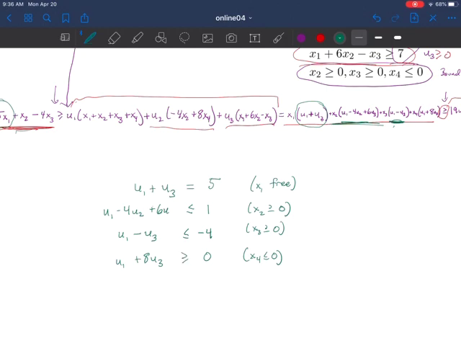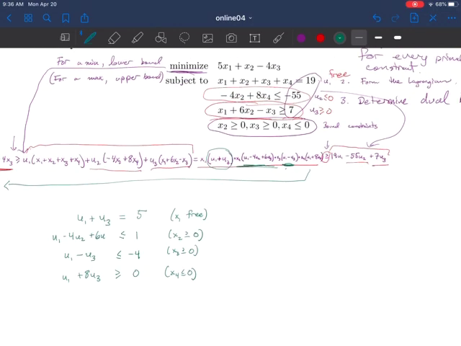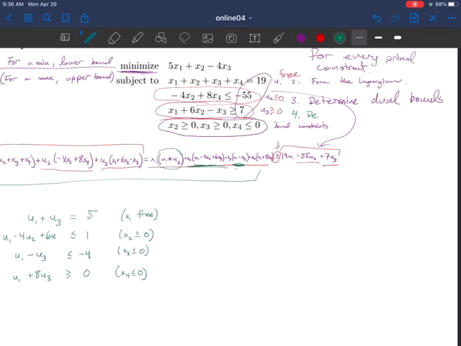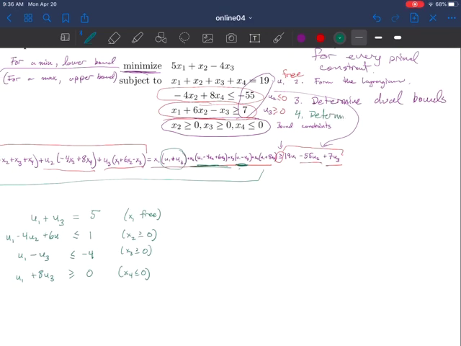So this u1 plus 8u3 turns out has to be greater or equal to 0. The reason is because we know x4 is going to change the direction of this less than or equal to to a greater or equal to. Remember, I'm going from here and looking backwards to here. I keep saying less than or equal to because this right-hand side is less than or equal to the left-hand side. Okay, don't be confused by that.